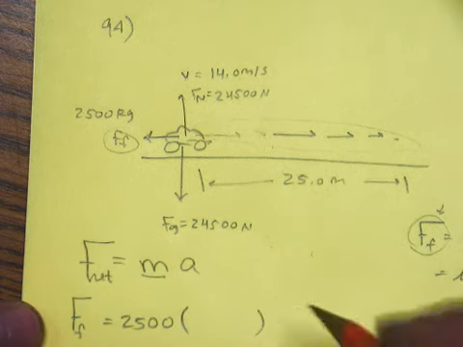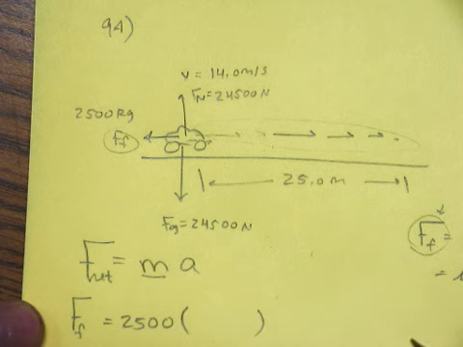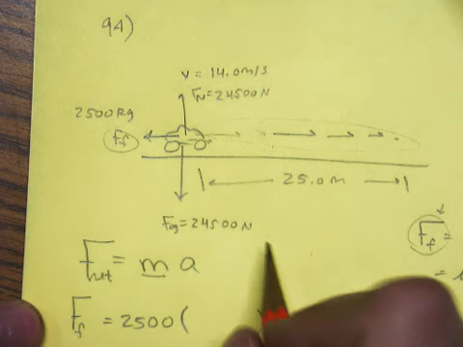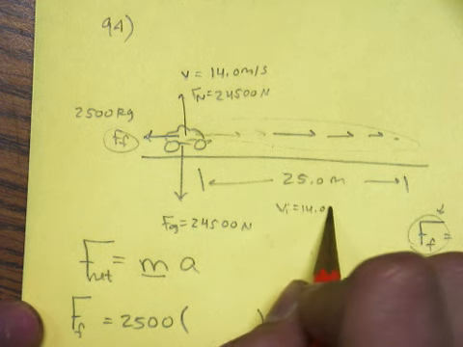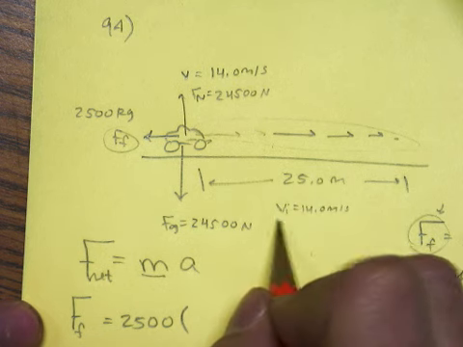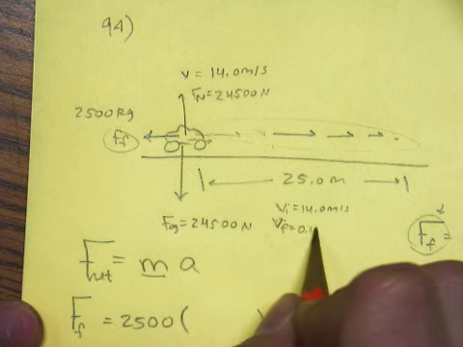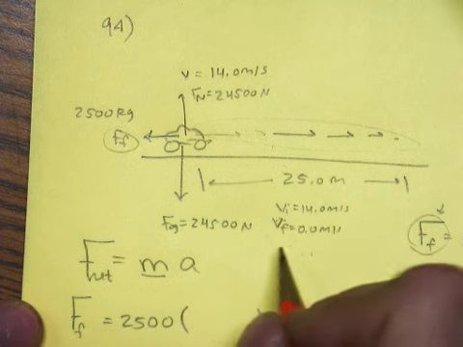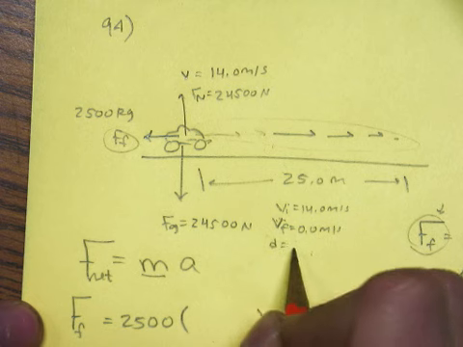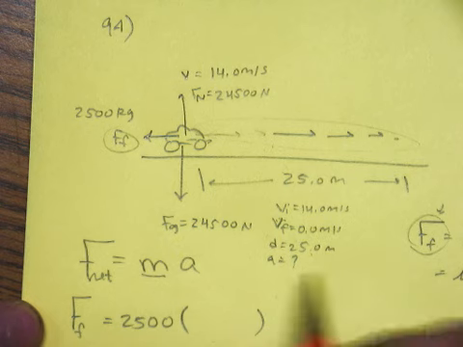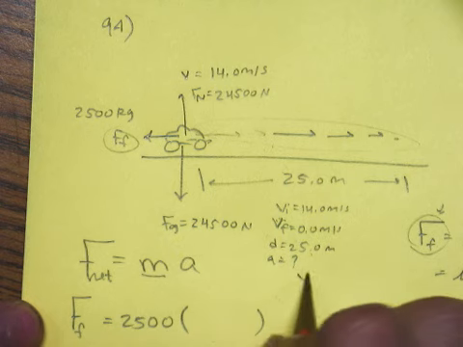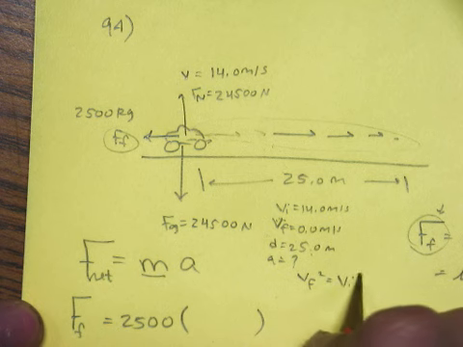Now for the acceleration, we have to use all of this given stuff. We know that the initial velocity is 14.0 meters per second, the final velocity is 0.0 meters per second, and the distance is 25.0 meters. We can find the acceleration using the equation that doesn't have time: Vf squared equals Vi squared plus 2AD.